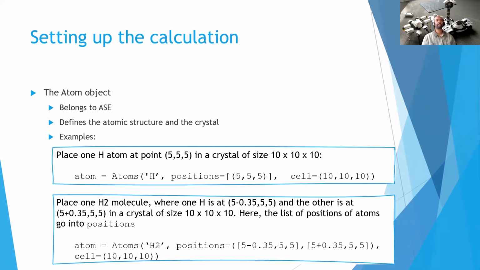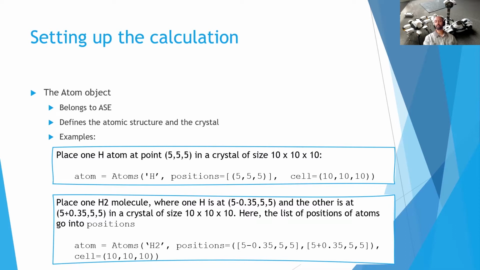For example, let's create a system with only a hydrogen atom. So we're going to place an H atom at the center of a box of size 10 by 10 by 10. Okay, so the center of that box is going to be 5 by 5 by 5, right? To do this, we create a new Atoms object, just the normal way of creating a new object based on a class in Python. So you would go atom, or you can call this just a variable, equals Atoms, which is the Atoms class. And then the first parameter is H here, which is the atom itself that you want to place.